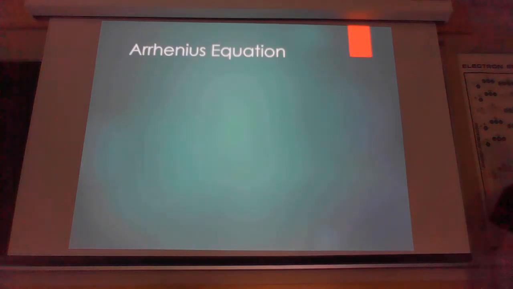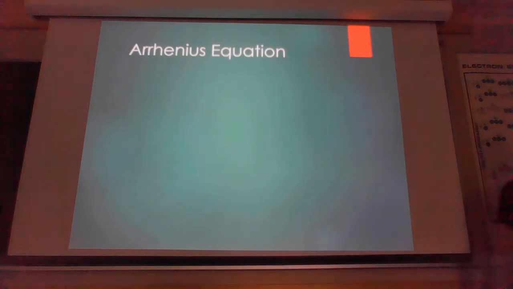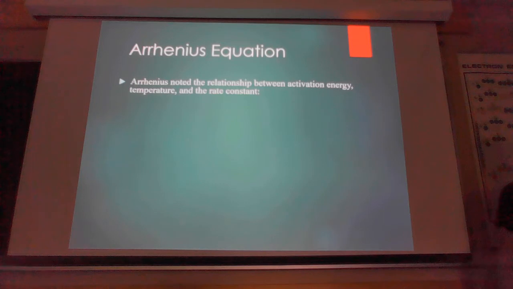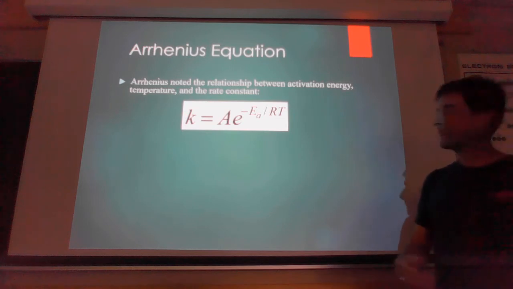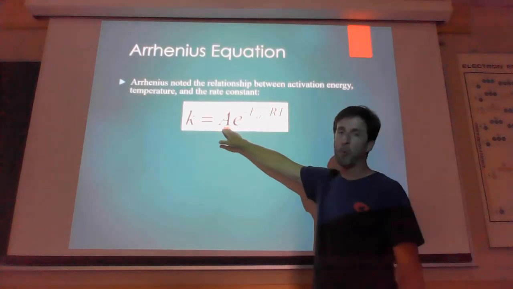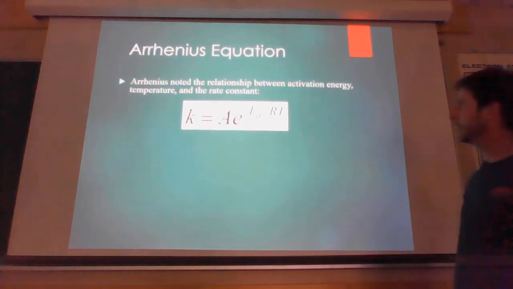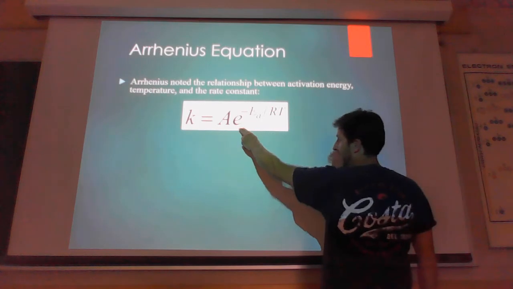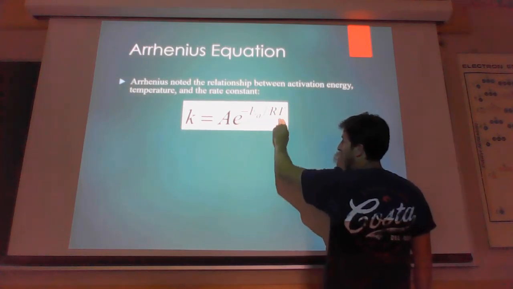Now, that relationship between the rate constant and temperature, that was studied by a guy named Arrhenius. He noted that relationship, he did some calculations, and he developed what is now known as the Arrhenius Equation, where the rate constant equals A, a proportionality constant called the collision frequency factor, times e, the exponential e, raised to the negative Ea over RT.